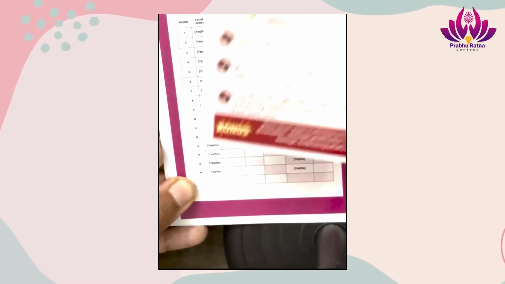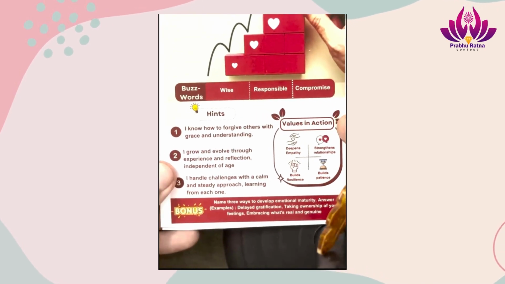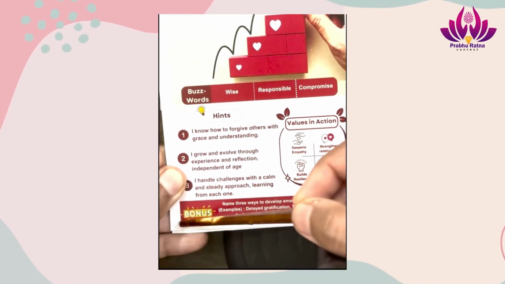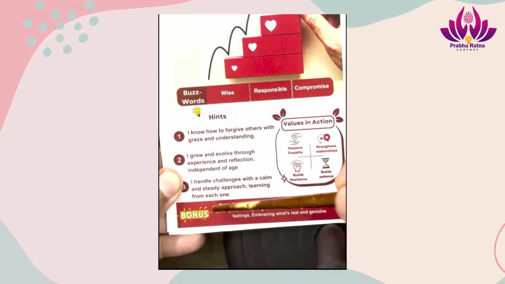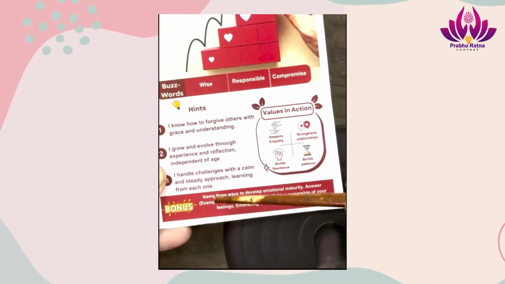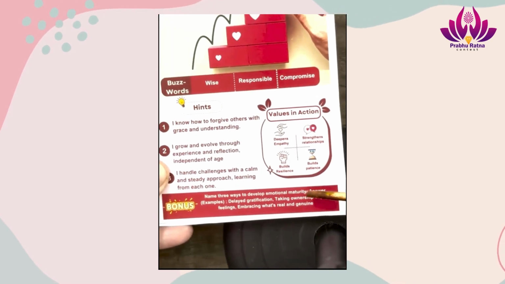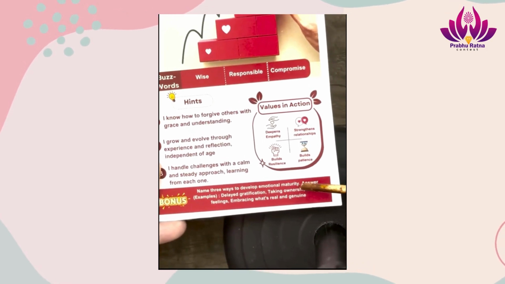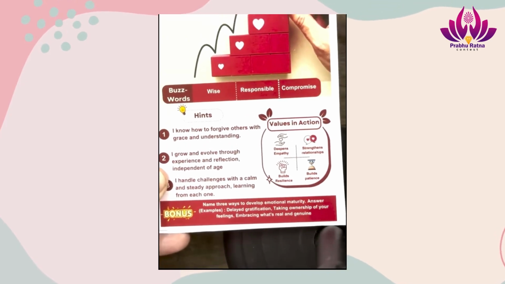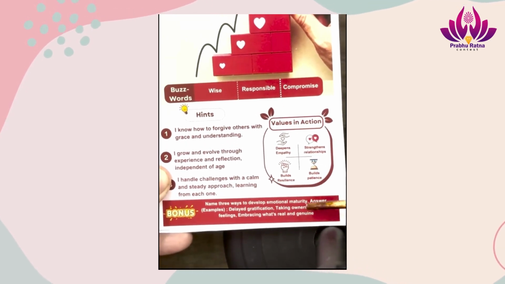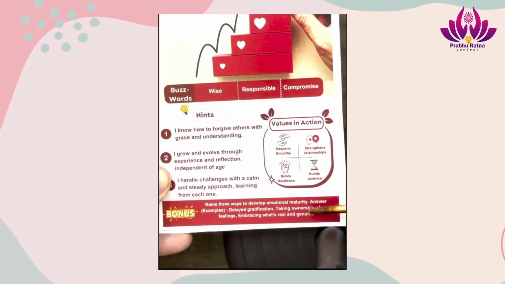Now comes the fun and exciting part. There is also a bonus section. In this bonus section, I will ask my friend a practical question based on the value maturity, and she has to answer it in 1 minute.